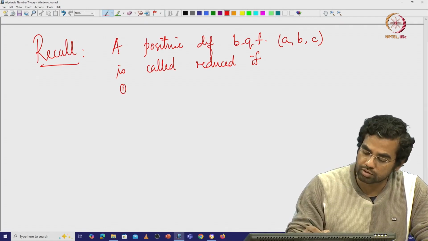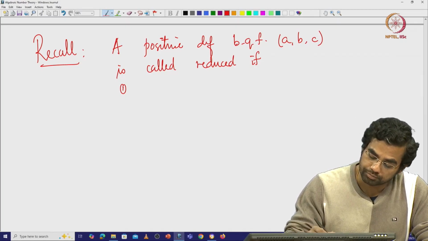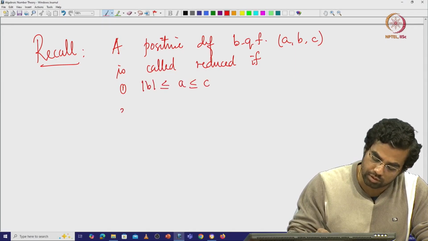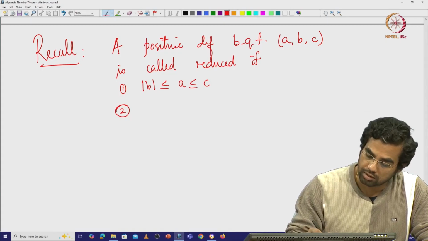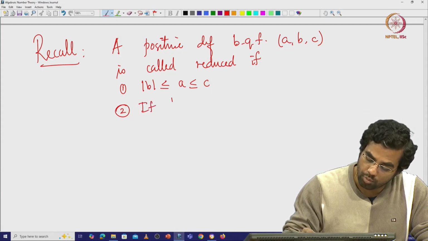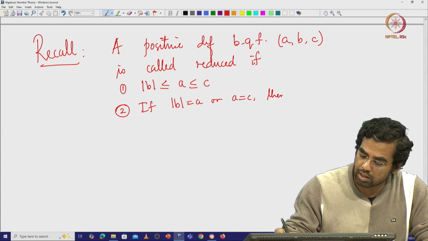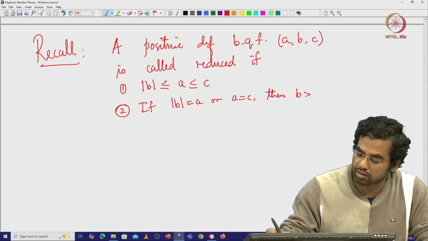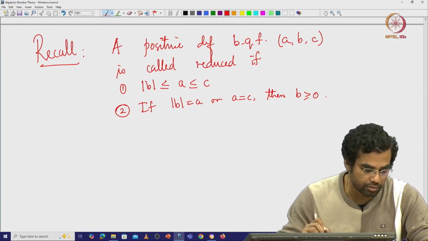First, we will always assume that A and C are both positive, and |B| is less than or equal to A, which is less than or equal to C. And the second condition is that if |B| is equal to A or A is equal to C, then B is greater than or equal to 0. Okay, so that is what reduced binary quadratic form means.